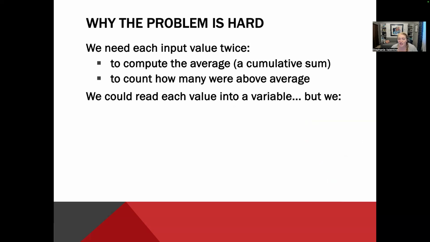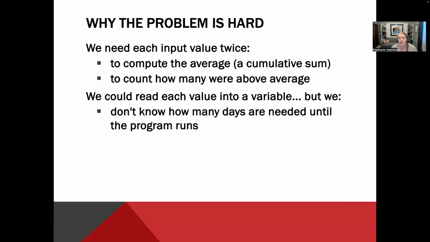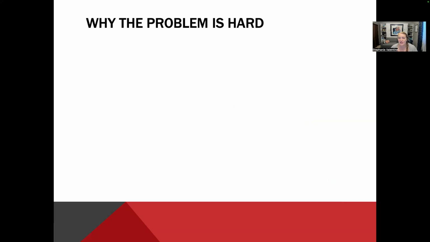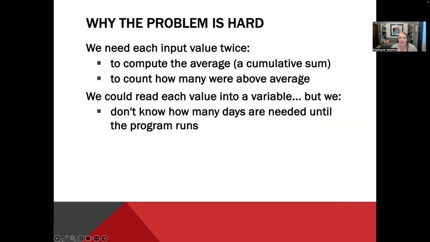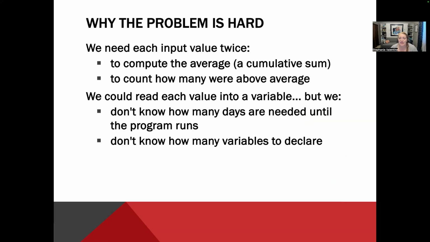We could read each value into a variable. I mean, obviously, if we need to use it again, that's what we'll have to do. But we don't know how many days are needed until the program runs. We have the user enter how many days they want, and that makes it complicated. So we don't know how many variables we need to declare. We don't know how many times we need to ask the user.